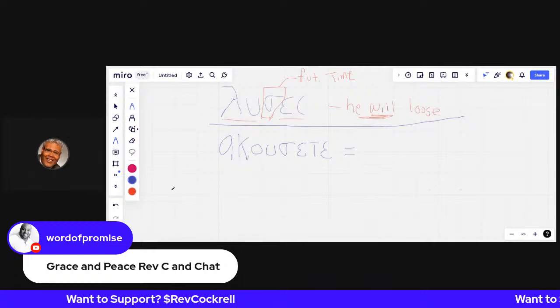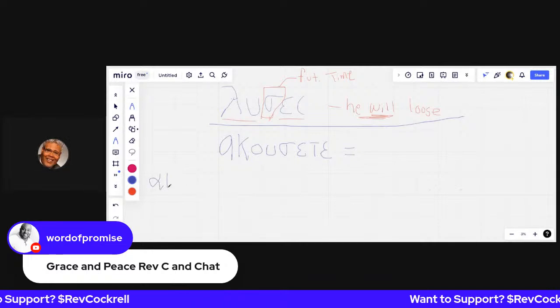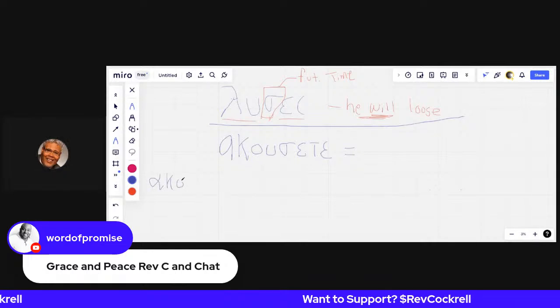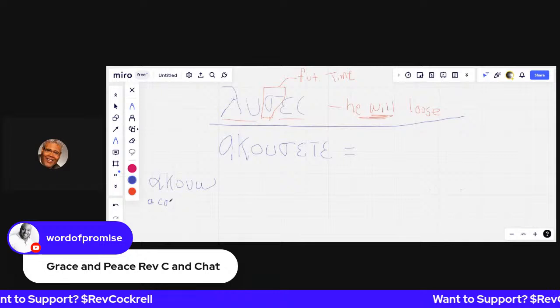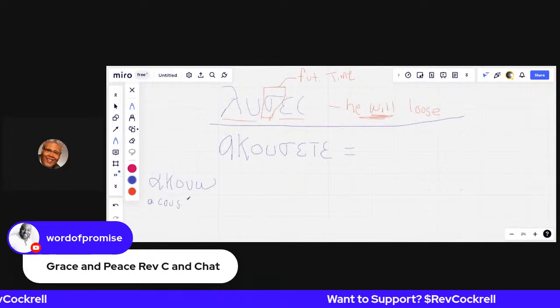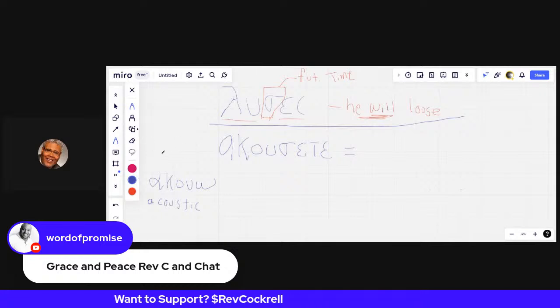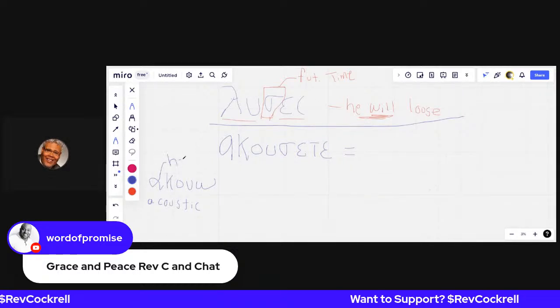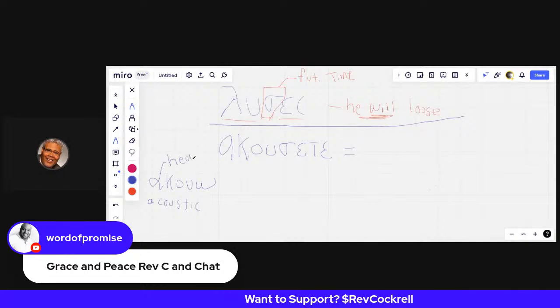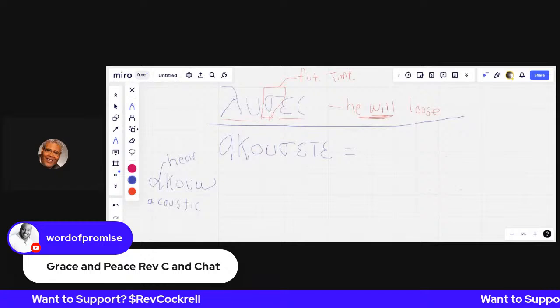And remember, aku is from the root word akuo. Think of acoustics. So akuo, I'll give you the definition as we learn it, means to hear. Akuo means to hear. So remember your endings.